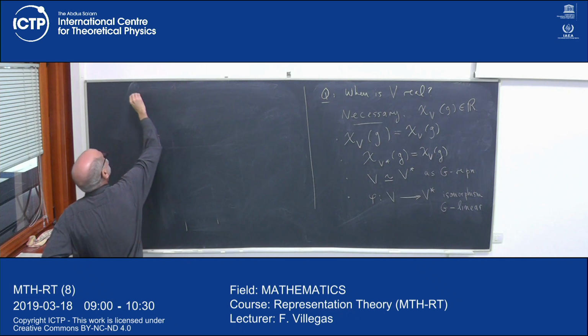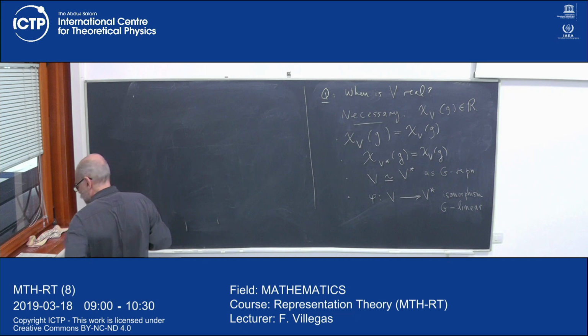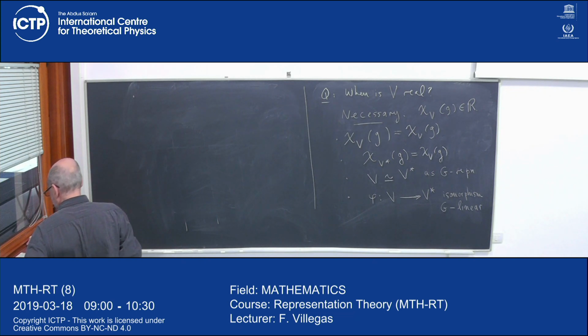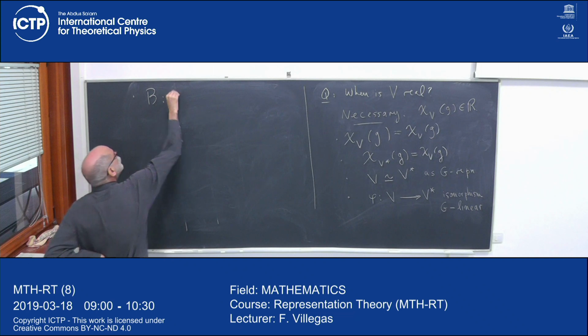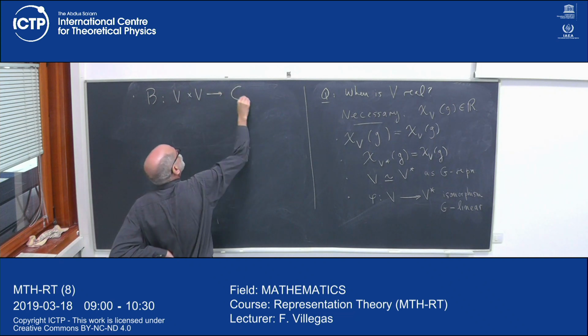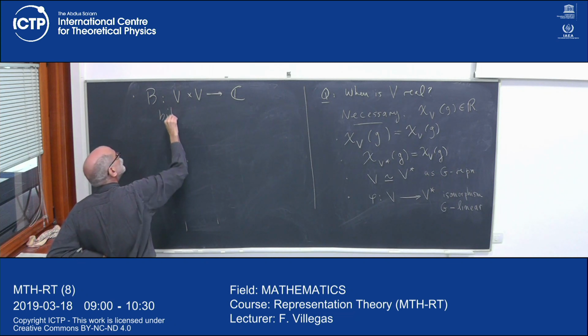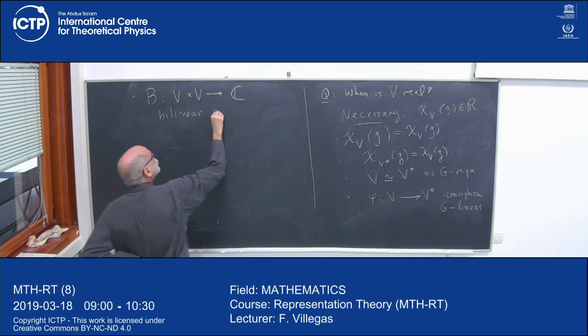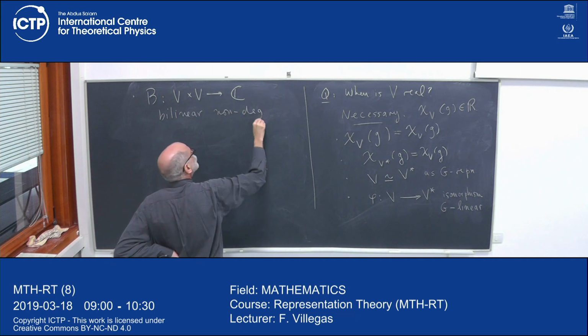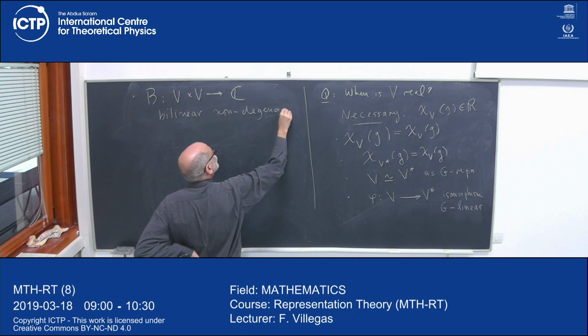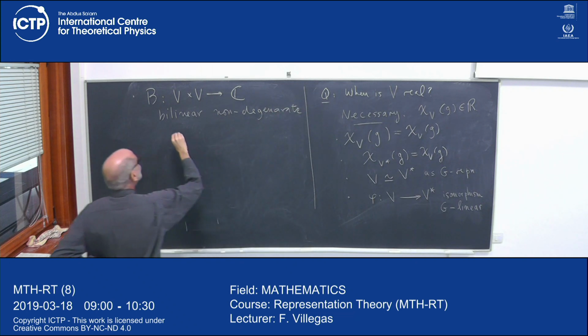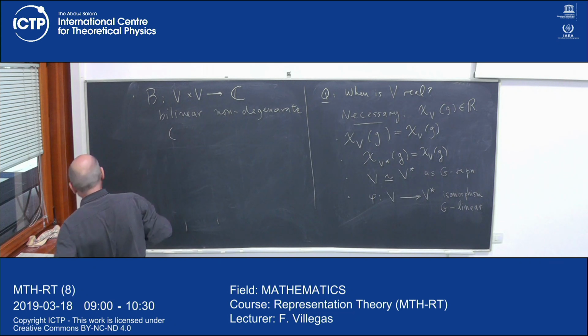So, continuing with all of these being equivalences, what we have is a map from V times V to C, which is bilinear, non-degenerate, and we can define it as follows. We have two vectors, u and v.